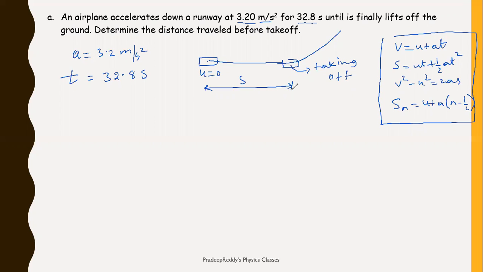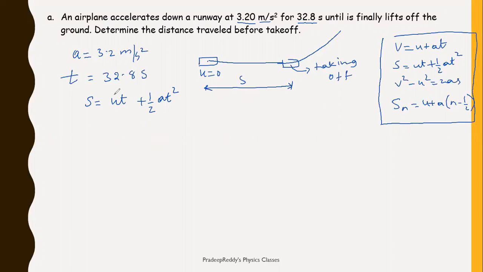In order to find out s, you can use any of these equations of motion in which s is involved. So s is involved in equation 2 and equation 3. If you are using equation 3, v you do not know, the final velocity you do not know, the initial velocity however becomes 0. If you are using equation 2, however, the first term becomes 0. s is equal to ut plus half at square.